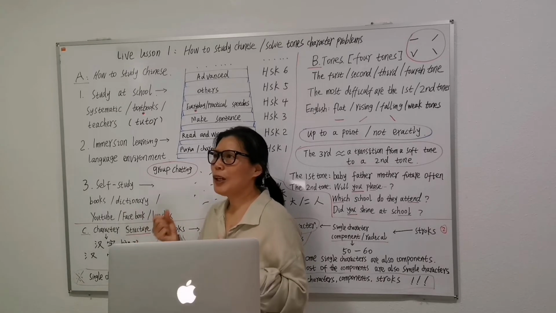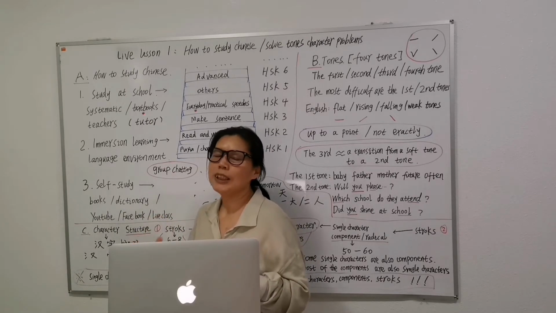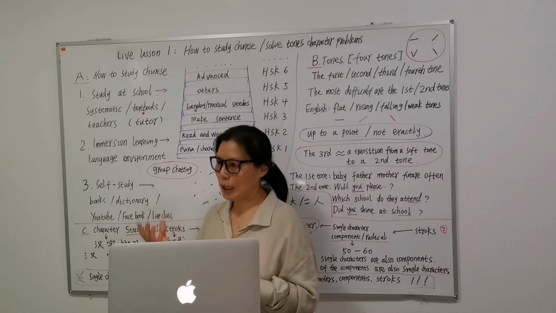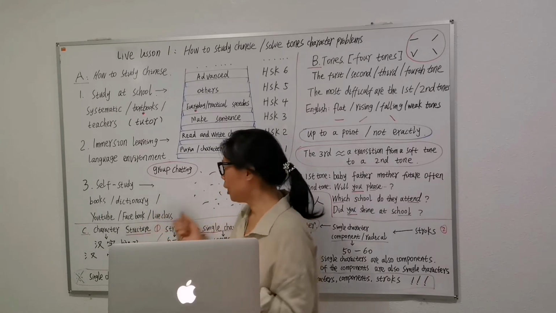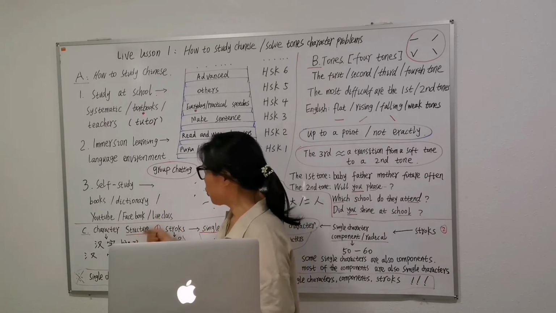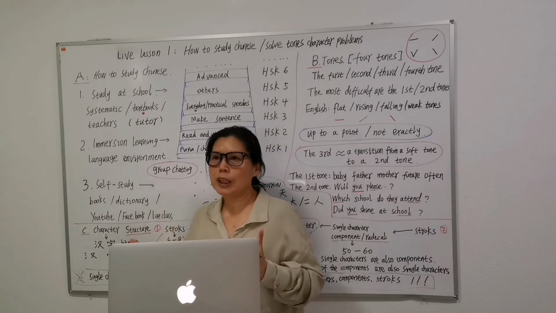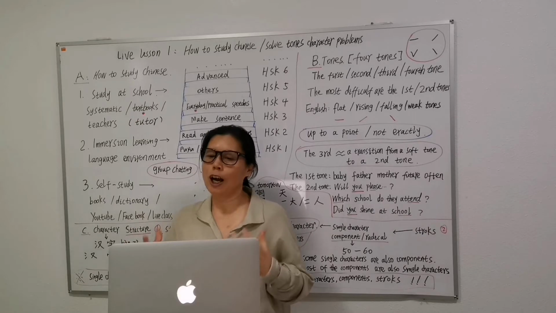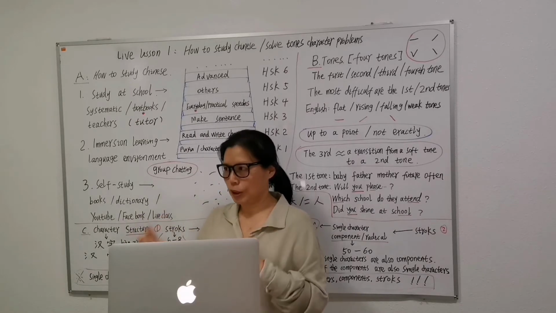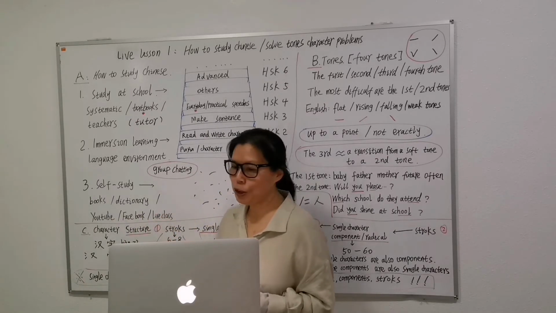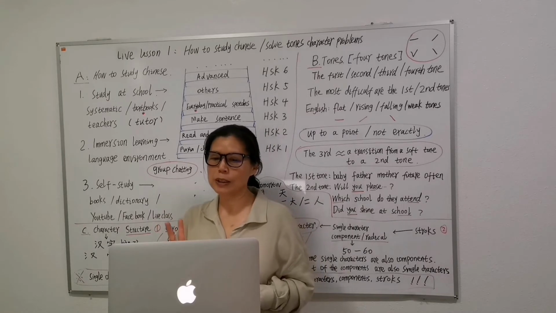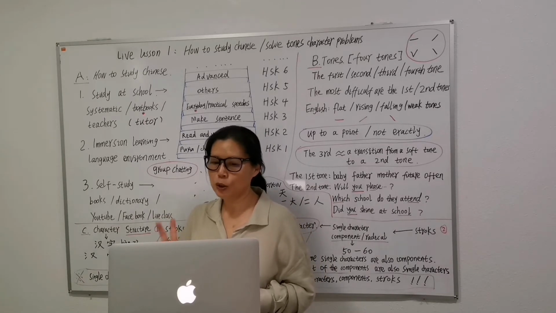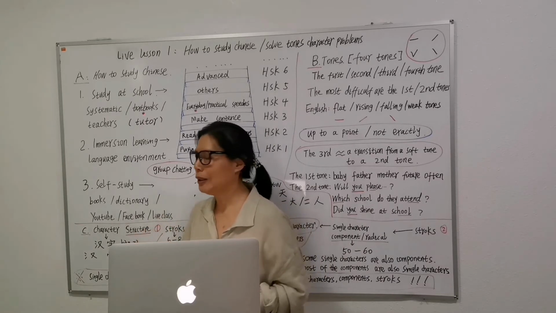The 26 letters, they are solid. But I tell you, Chinese character structure, the character parts are solid too. Now I explain two Chinese character structures, and you will understand.